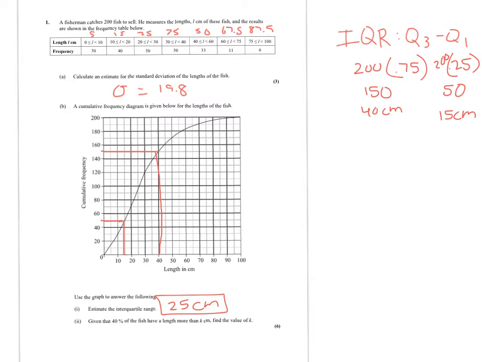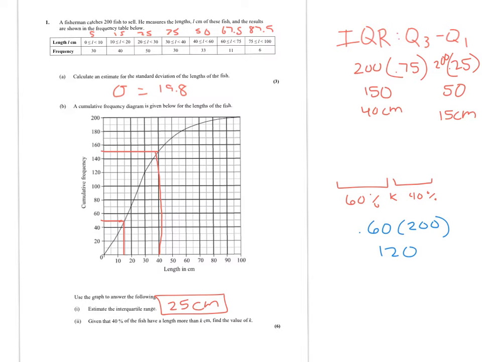So if 40% have a length above K, then we're talking about 60% that have a length below K. So we're going to use the 60th percentile. What is the 60th percentile fish? That's 60% of 200.